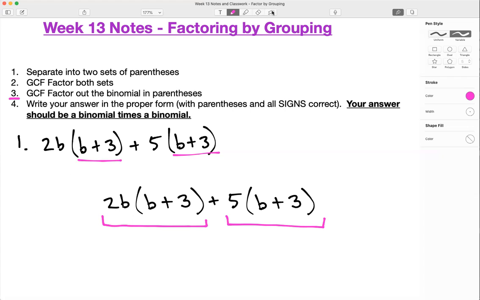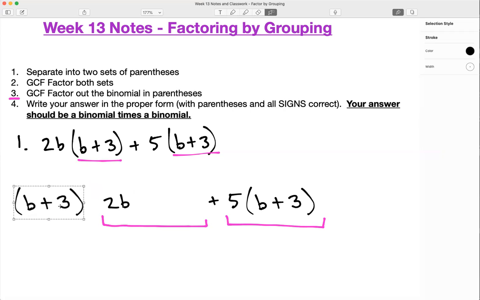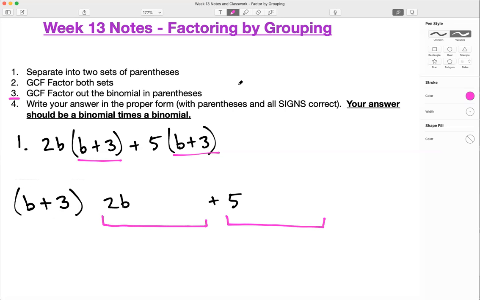Let's try this. I'm going to pull this term out right here, put it out in front. Then I'm going to do the same thing and pull out the b plus 3 from the second term, and it's going to go right out in front too, so that you can see clearly what is happening here.